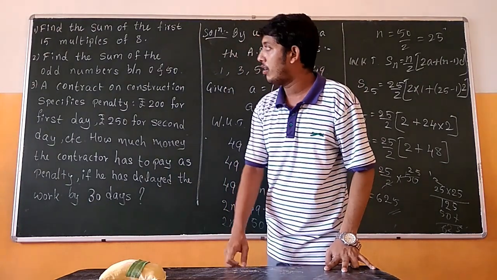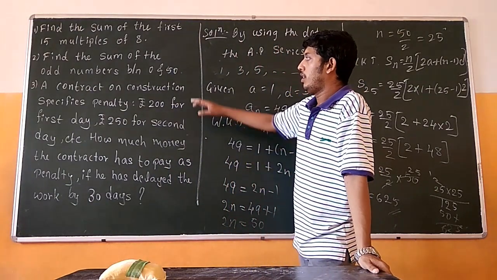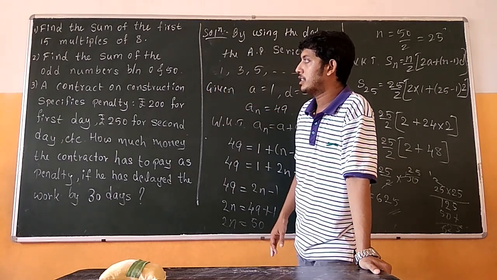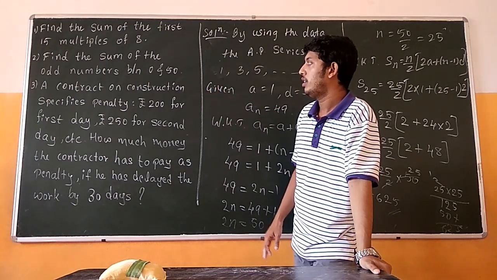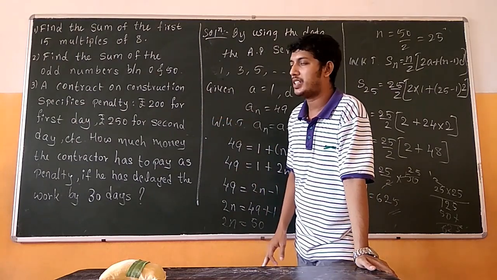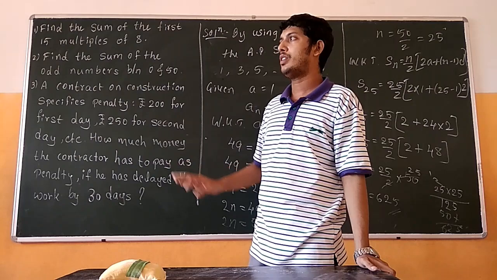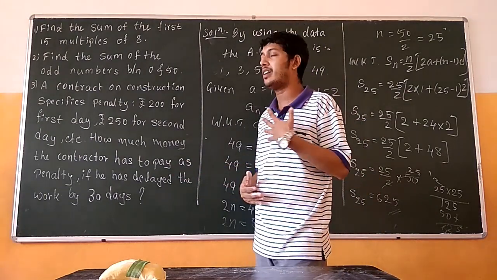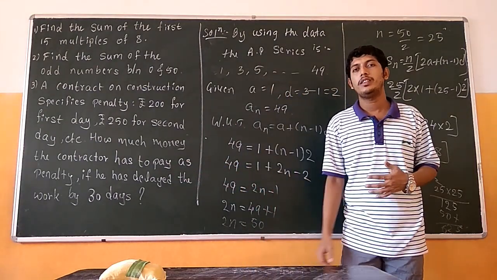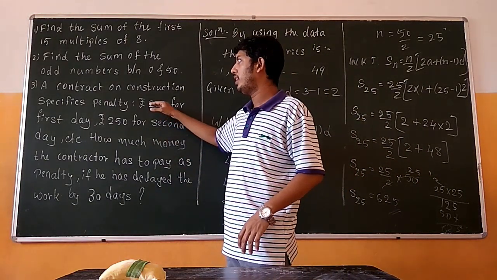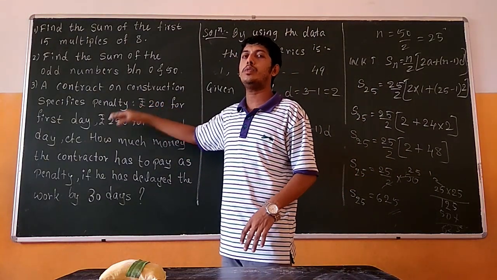And similarly we have another problem. A contract on construction specifies a penalty: rupees 200 for the first day, rupees 250 for the second day, etc. So for the third day it becomes 300, for the fourth day it becomes 350, because it increases from 200 to 250.